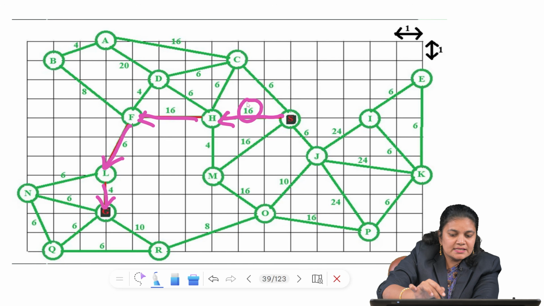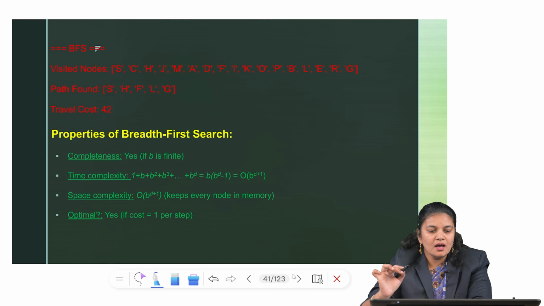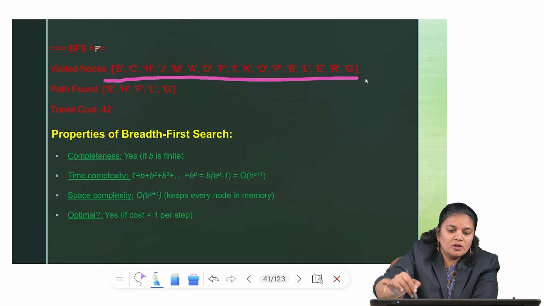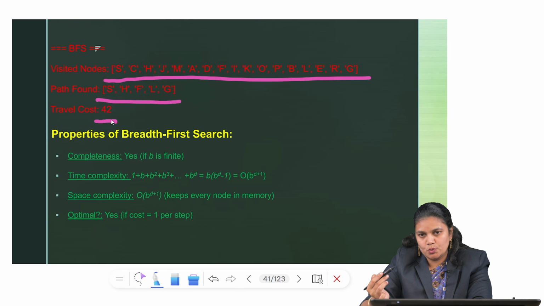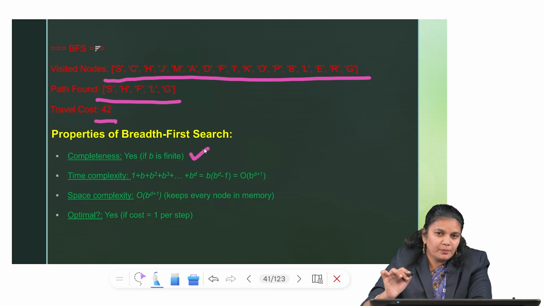We get 16 plus 16 plus 6 plus 4. This is how we calculate the path cost. So we have visited all these nodes, the path found is this, and the total cost is 42.